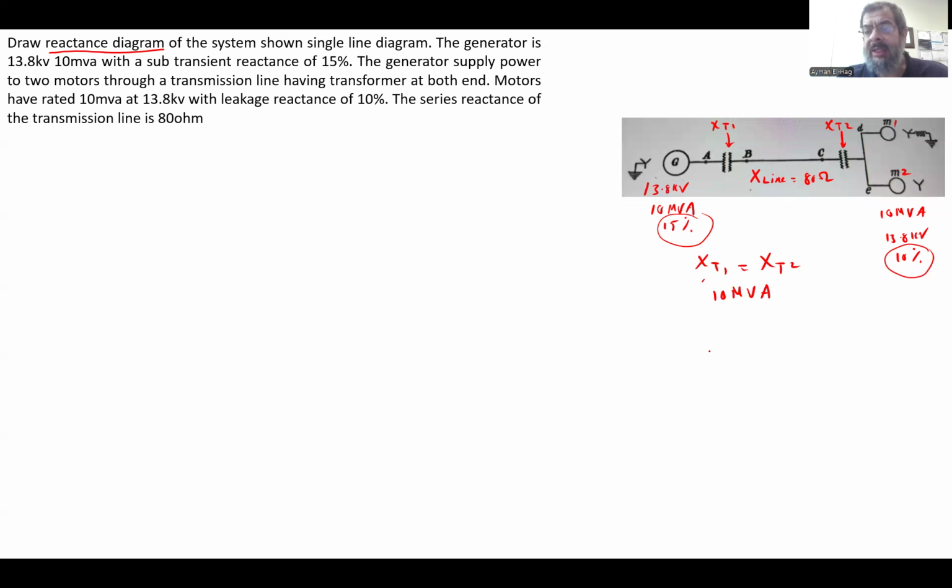XT1 is a step-up transformer, 13.8 by 138 kV, and it has a reactance of, let's say, 10%.